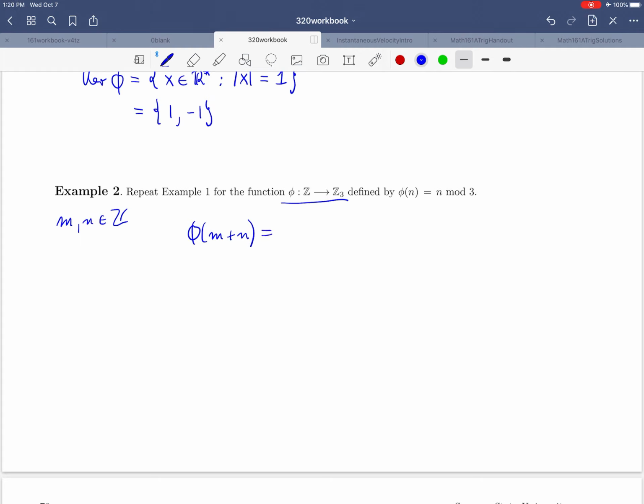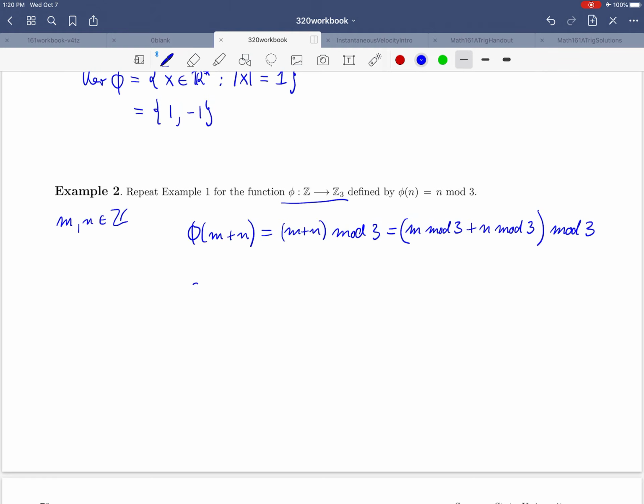Well, phi of m plus n is defined as m plus n mod 3, and that is equal to m mod 3 plus n mod 3, and m mod 3 plus n mod 3 could potentially be bigger than 3, so we have to mod out again by 3 to get our result. So that's what phi of m plus n is equal to.